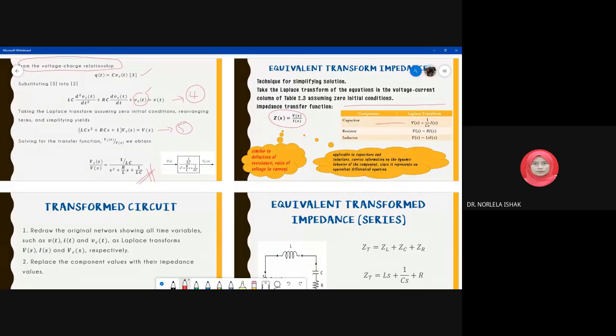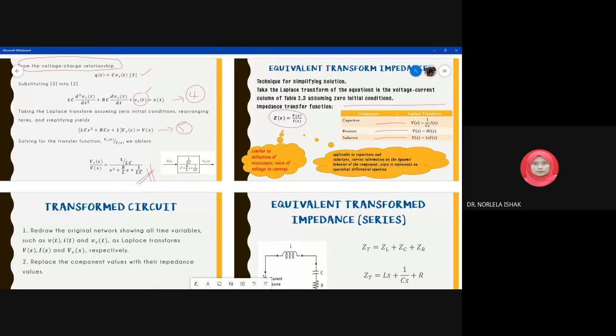You can see from the table, the impedance of the resistor is R, and for the inductor is LS. That's the impedance for capacitor, resistor, inductor. This impedance we can refer from table 2.3, from the previous slide.